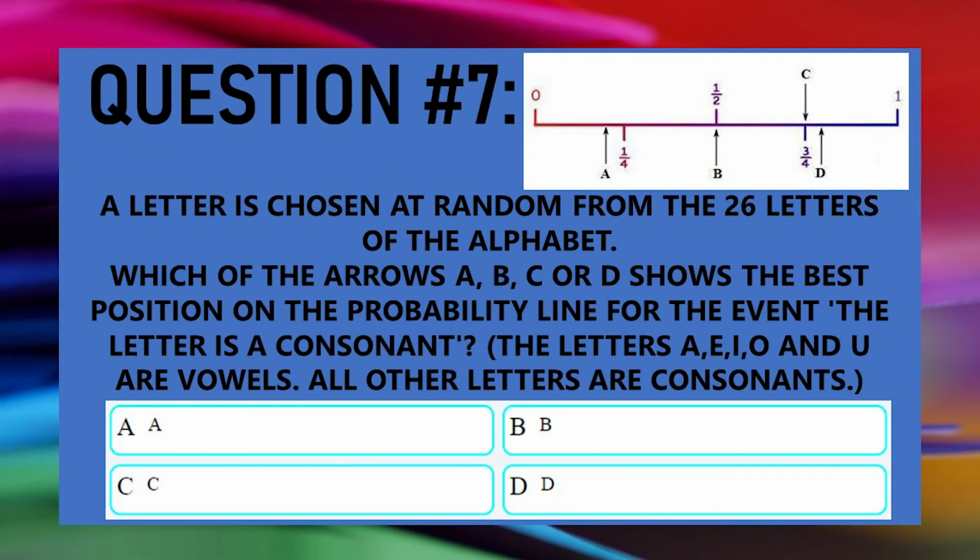Question number 7. A letter is chosen at random from the 26 letters of the alphabet. Which of the arrows A, B, C, or D shows the best position on the probability line for the event: the letter is a consonant? The letters A, E, I, O, U are vowels, and all the other letters are consonants.